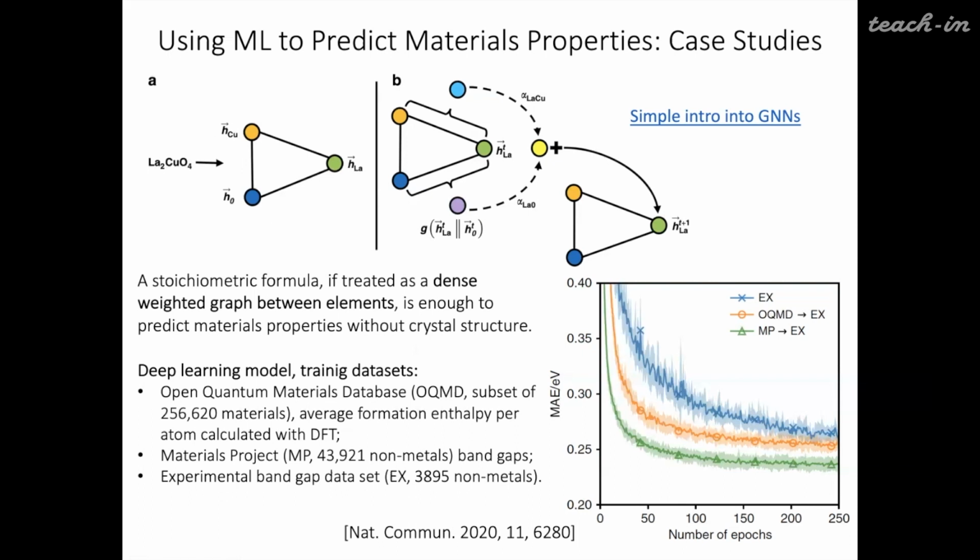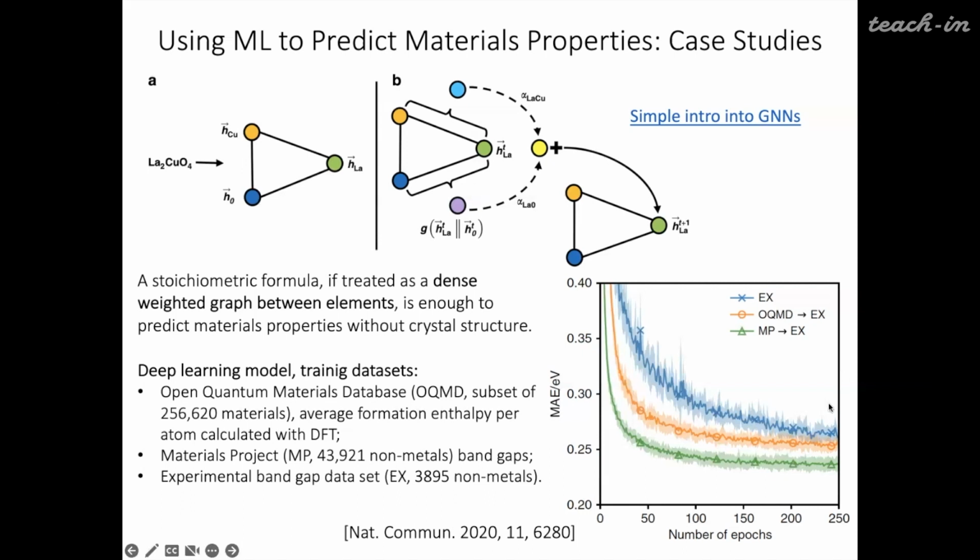And they obtained quite high accuracy that is better than the accuracy of many quantum chemical approaches, DFT approaches to be exact, in the prediction of band gaps, for example.